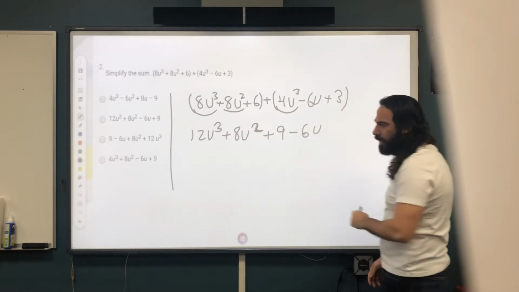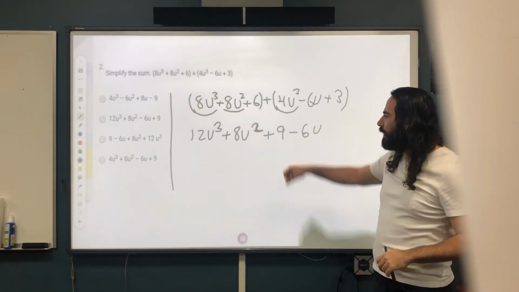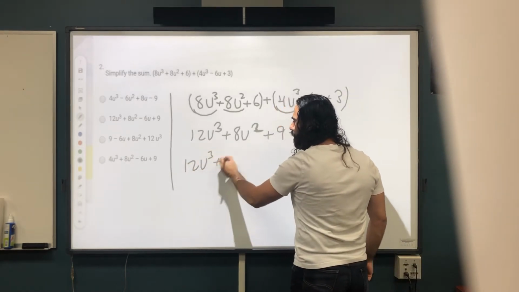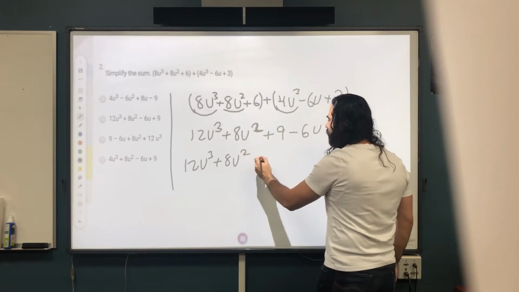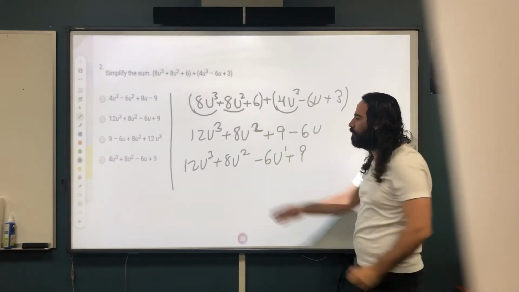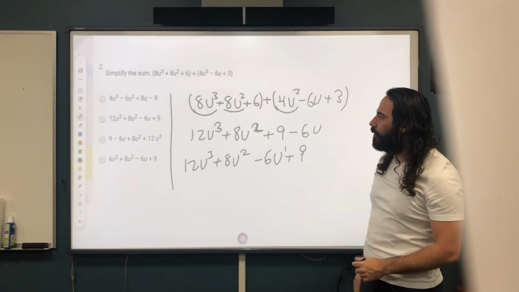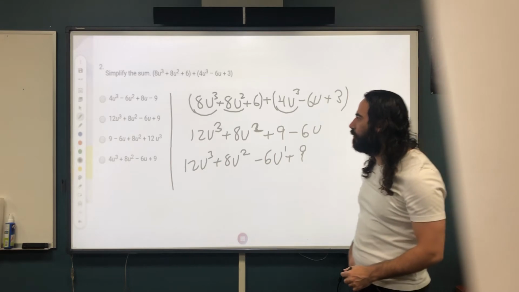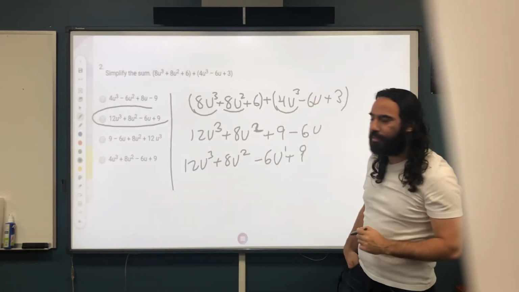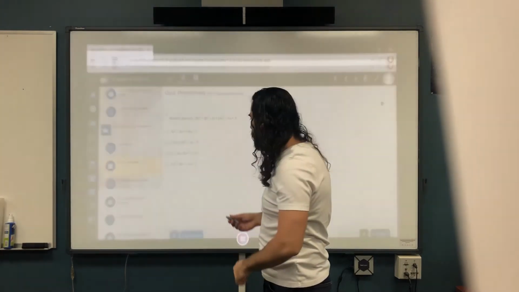Of course, you switch between the 9 and negative 6u because the u term is supposed to come first. Minus 6u plus 9. As you can see, the exponent in the last term is just the number itself, and the answer will be the second one. That is it. As you can see, it's really easy.